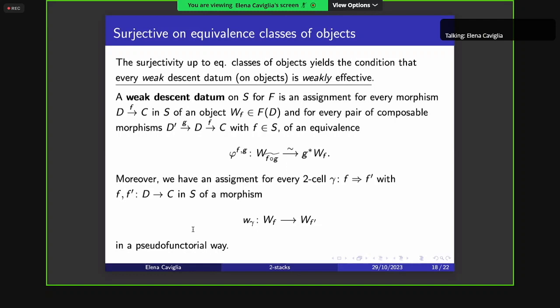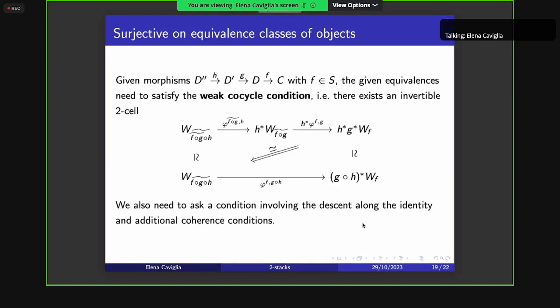And moreover, again, we need an assignment for two cells, because we have two-dimensional sieves. And so for every two cell, we get a morphism, and this assignment is pseudofunctorial. And now we want to find the weak cocycle condition, and this weak cocycle condition is given by the pseudofunctoriality of the structure two cells of the tri-transformation that we are considering.